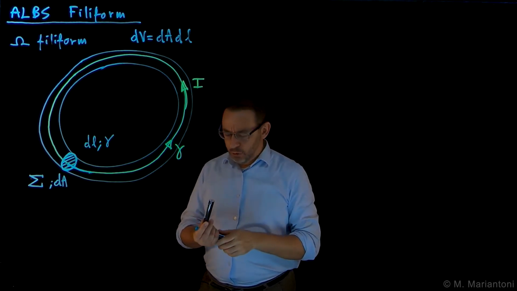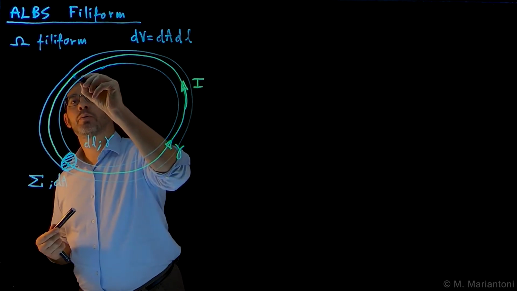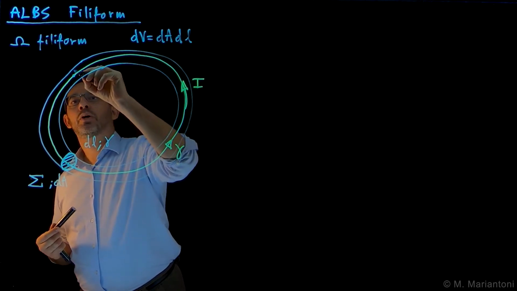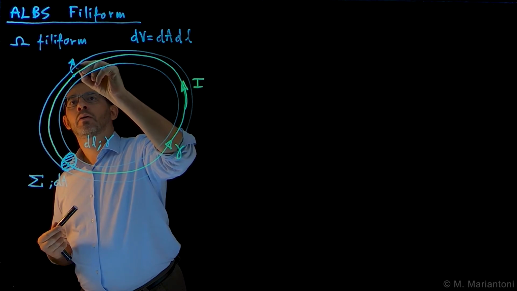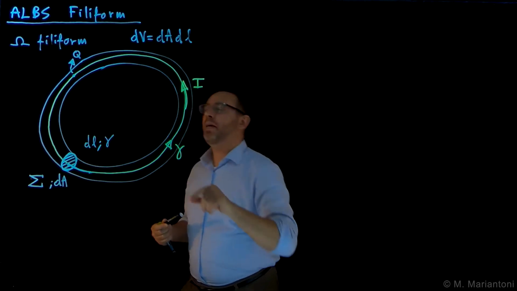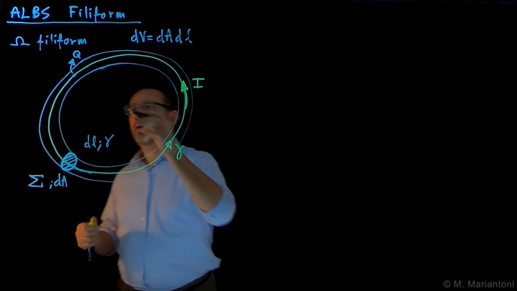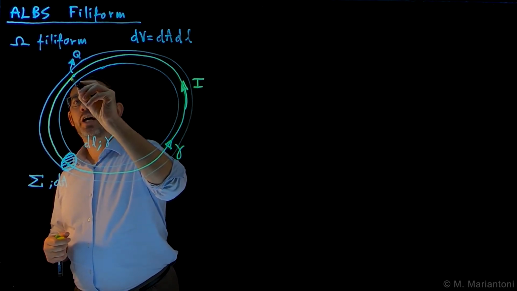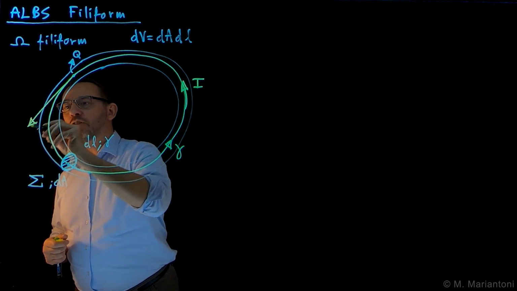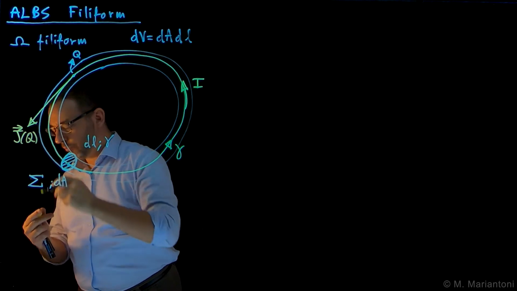And let us say that we consider a source point capital Q right here, a point capital Q on the wire itself. This means that J at this point will be tangential. I'm exaggerating it to make it clear. This is J at point capital Q.